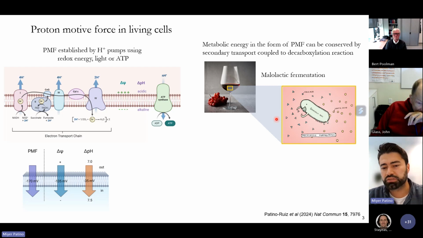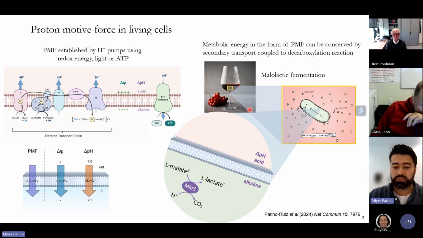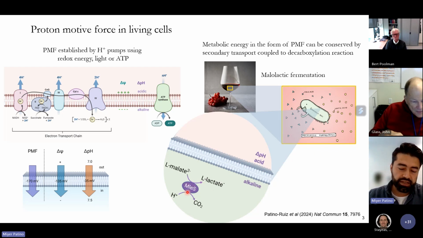What this has to do with proton-motive force can be explained by seeing what is happening molecularly in these bacteria. Intracellularly, there is a decarboxylase, an enzyme that produces lactate and carbon dioxide by consuming malate. During that decarboxylation reaction, protons are consumed, which results in the formation of a pH gradient, alkaline inside.